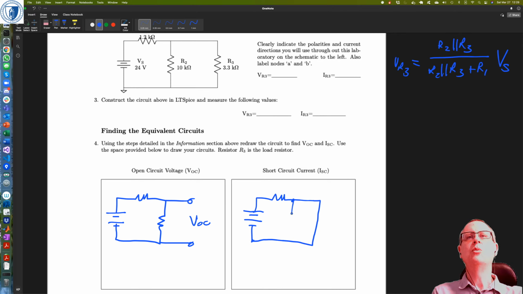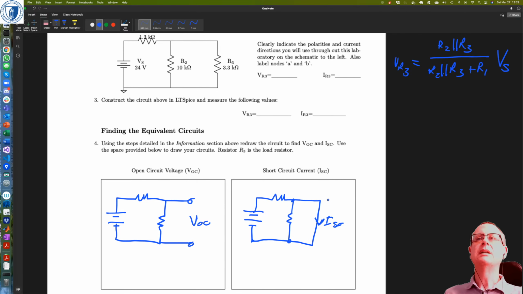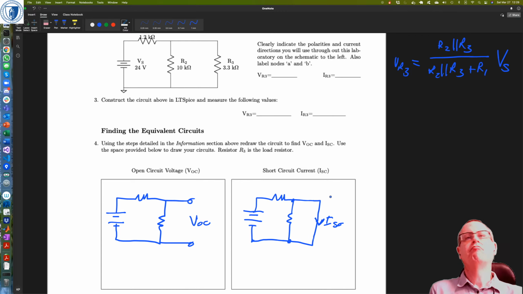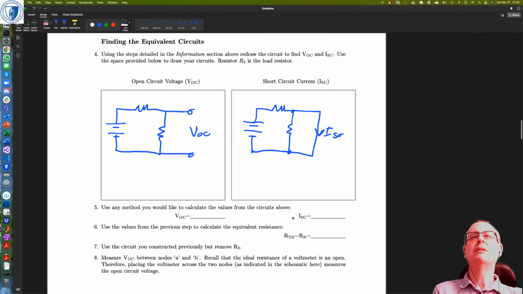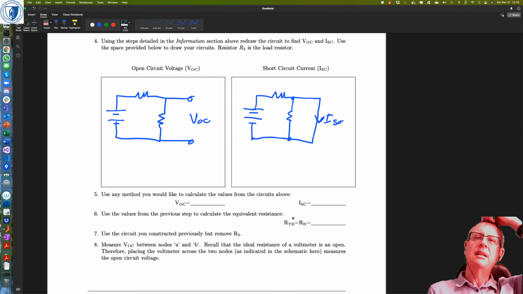right, we do have a resistor there, but because this current is just short circuited, this resistor doesn't take any part in the analysis.